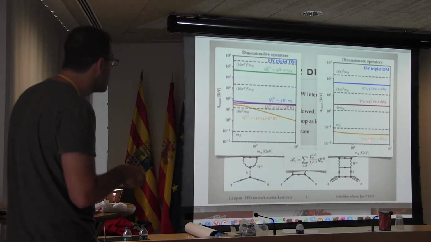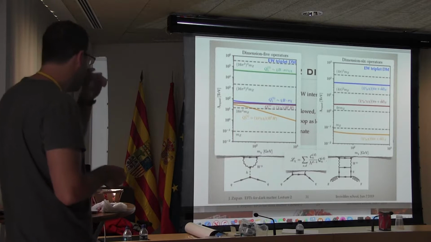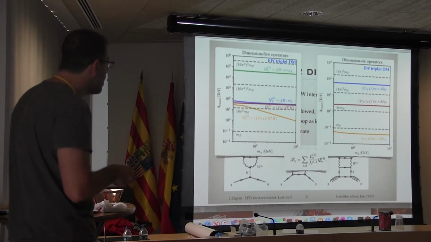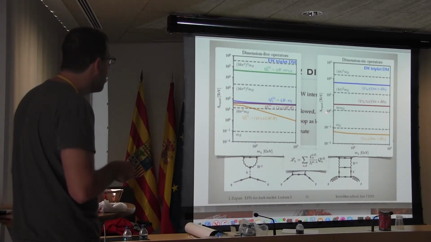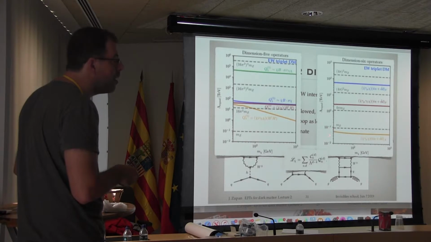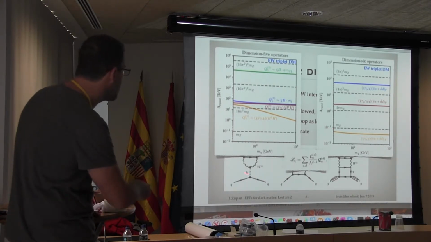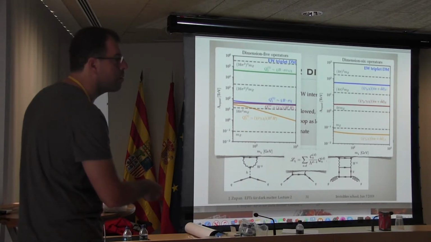It's a vector current times the axial current to up and down quarks. This is highly suppressed, so only mediators of a mass below 100 GeV would dominate. So these guys would always dominate for any reasonable theory.